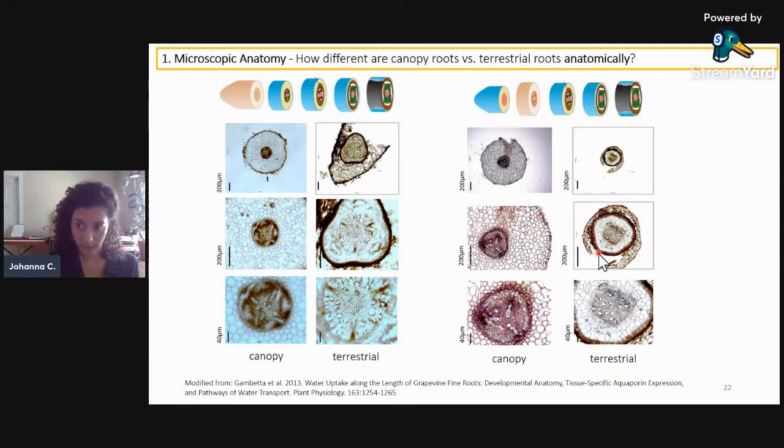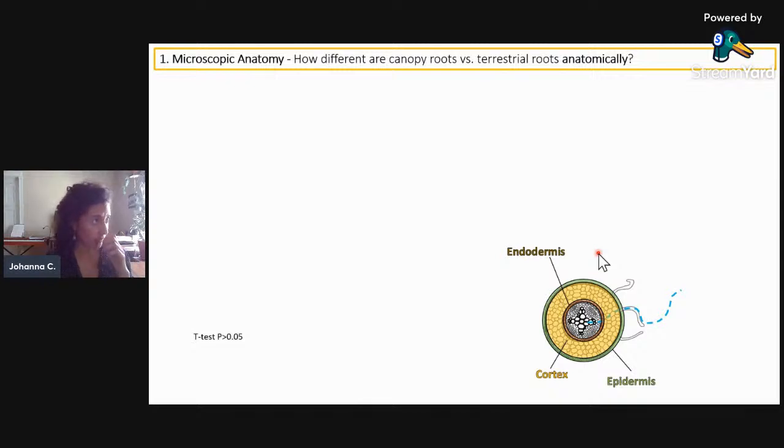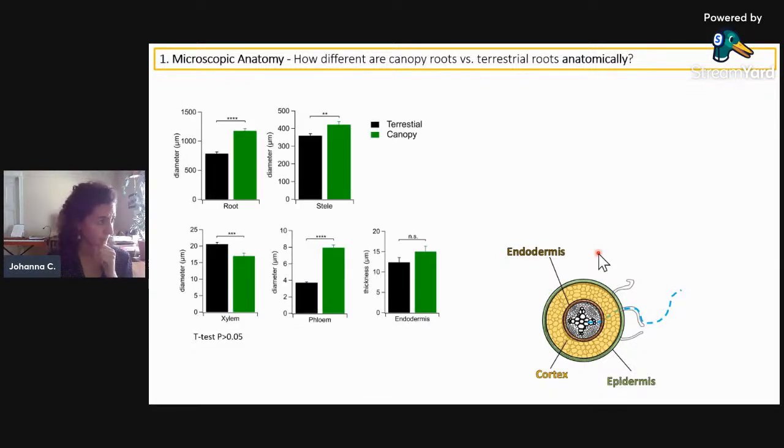With these results, we calculated some differences in diameters: the diameter of the root as a whole, the diameter of the stele, meaning the xylem and the phloem, and the thickness of the endodermis. Here we found significant differences in the sizes of the root and the vascular system, but we found all the different structures.